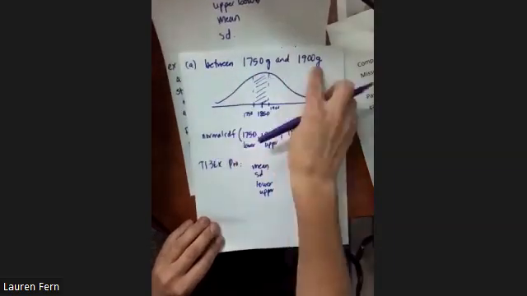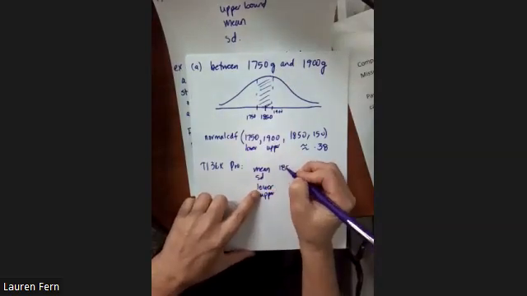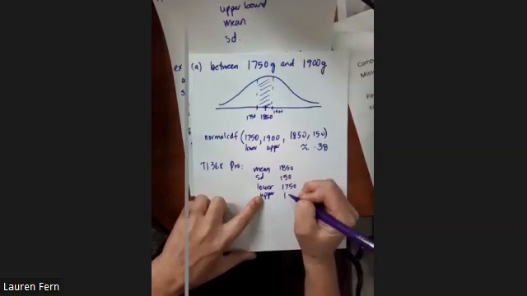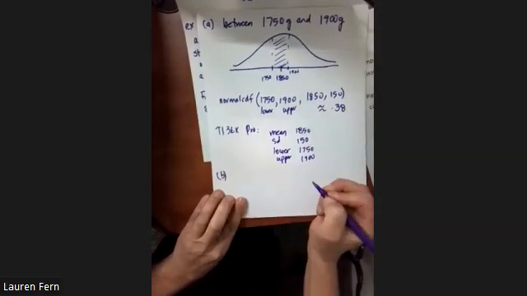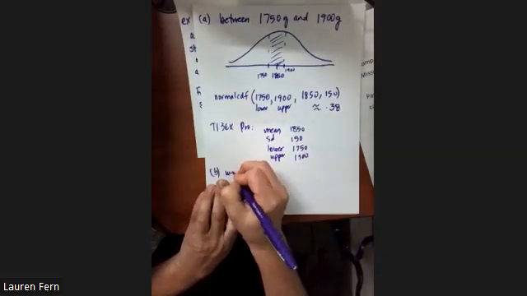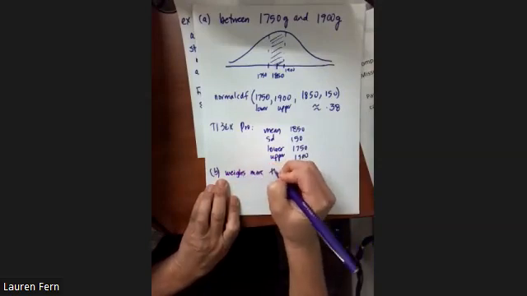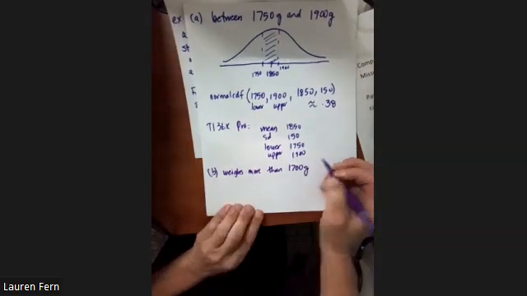All right, so when it's between two values, you're literally given your lower and your upper. What if now I want to find the probability that a randomly selected chicken weighs more than 1,700 grams?